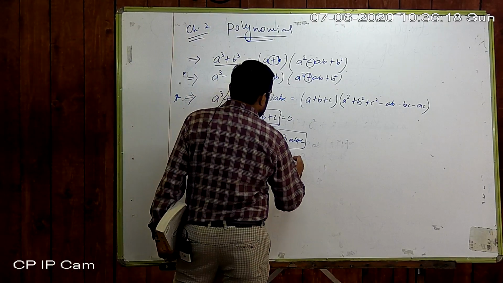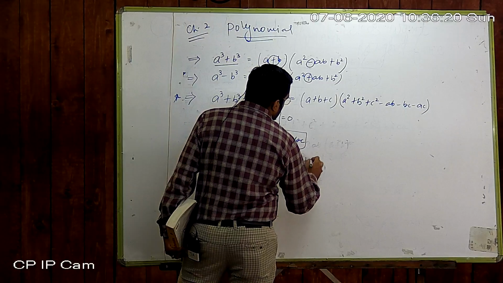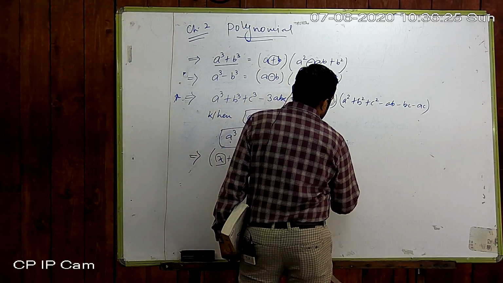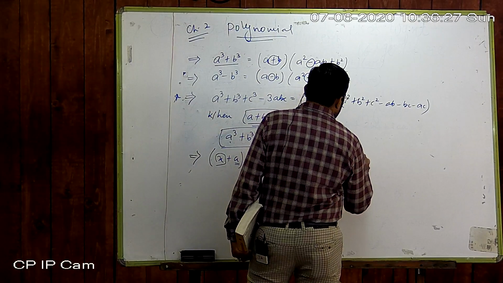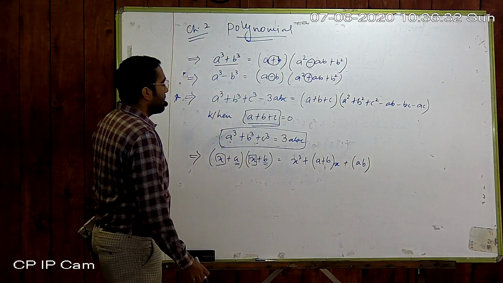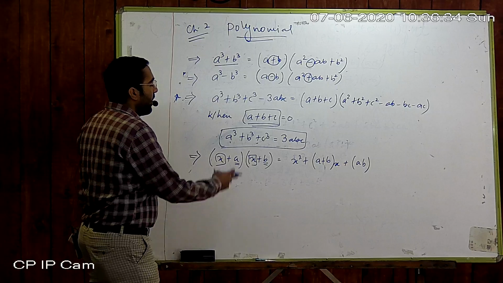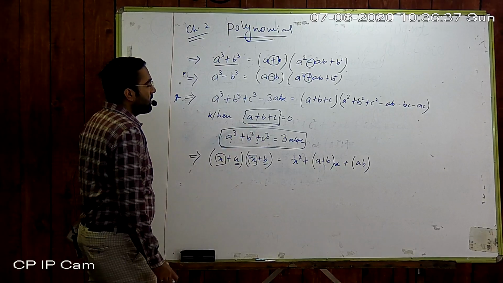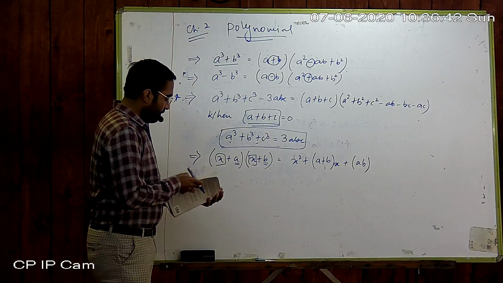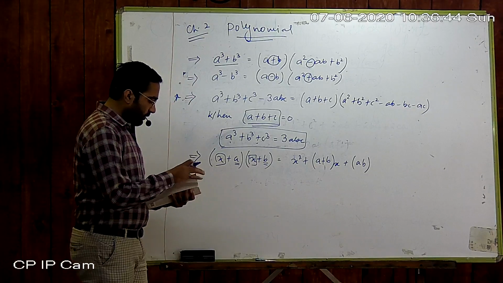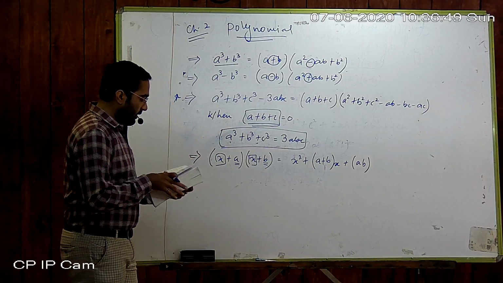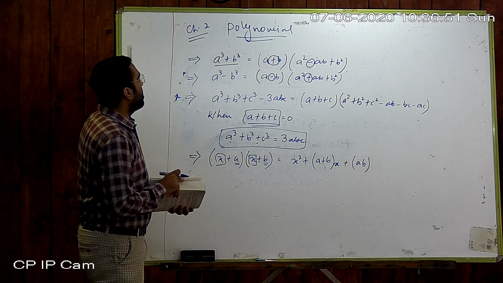Then the formula is x square plus (a plus b) multiplied by x plus a into b. Okay, x square plus (a plus b) into x, and in the last a into b. Please note this down fast. Then we have to learn some examples of this kind of algebraic expressions or identities.